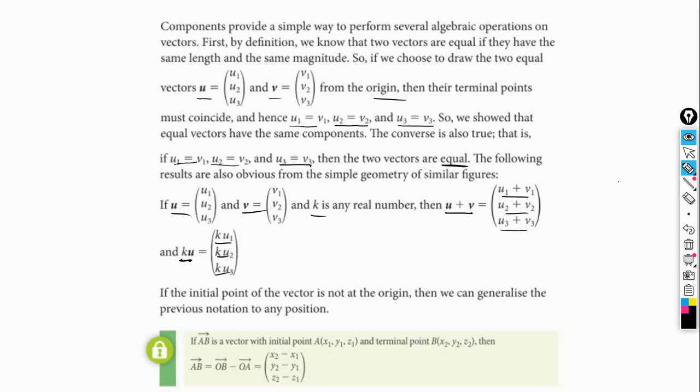If the initial point of a vector is not at the origin, then we can generalize the previous notation to any position. If AB is a vector with initial point A and terminal point B, then AB is going to equal OB, a vector from the origin to B, minus OA, a vector from the origin to A. So all we would need to do is subtract the components of OB minus the components of OA.